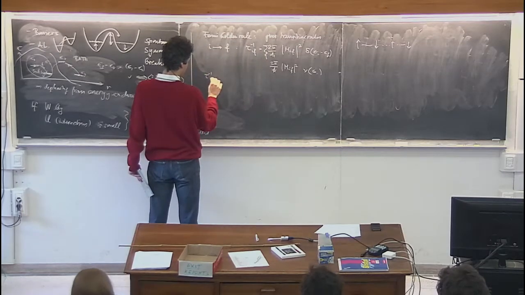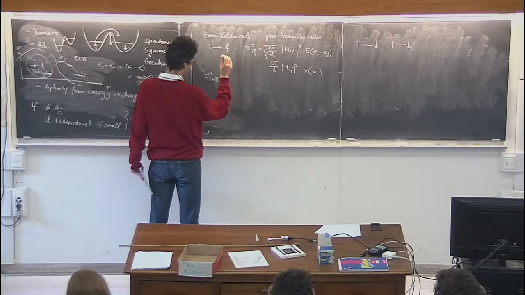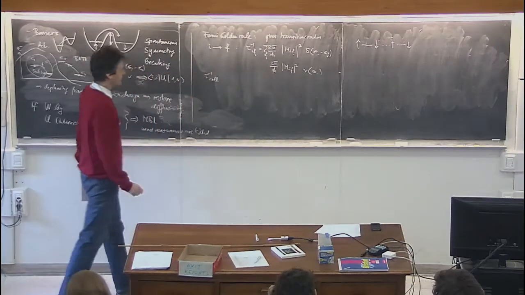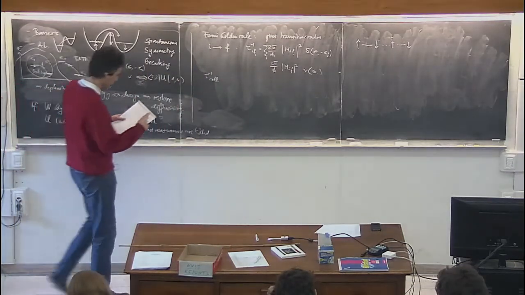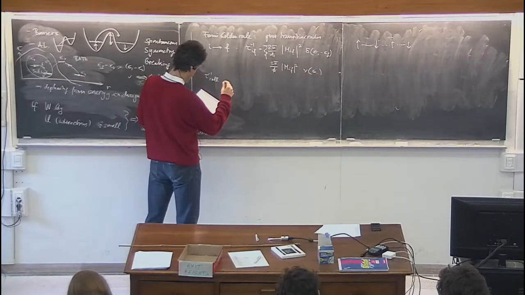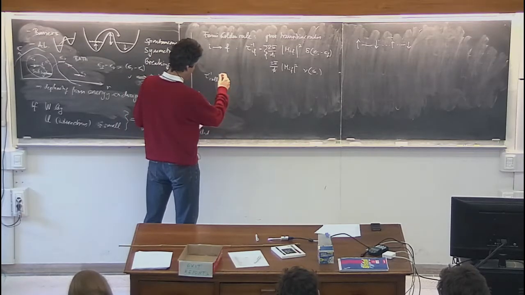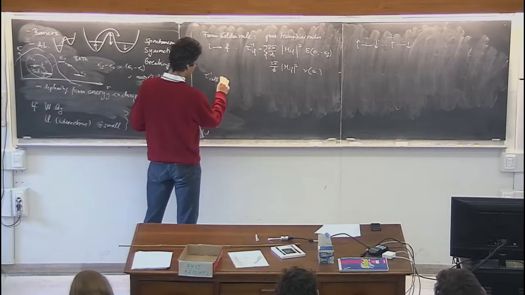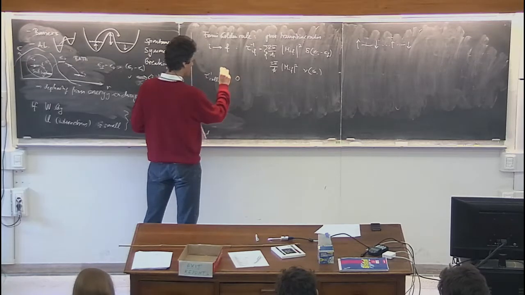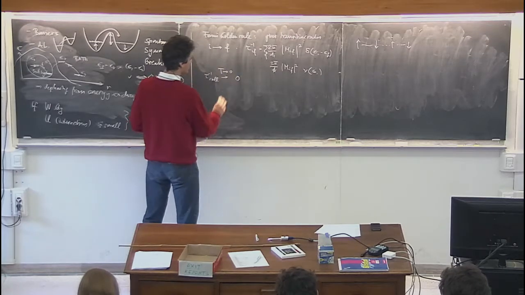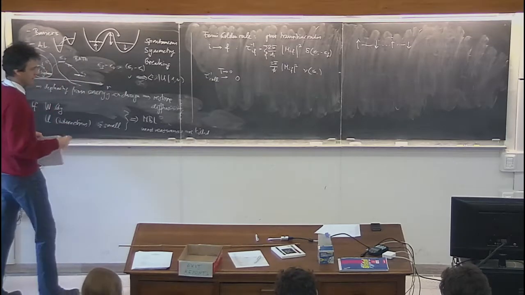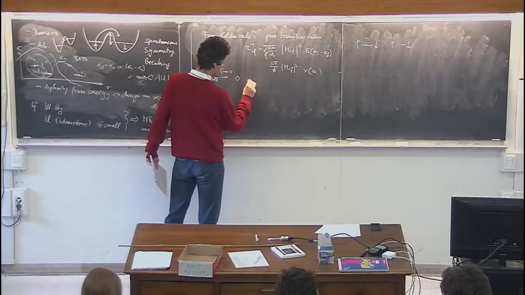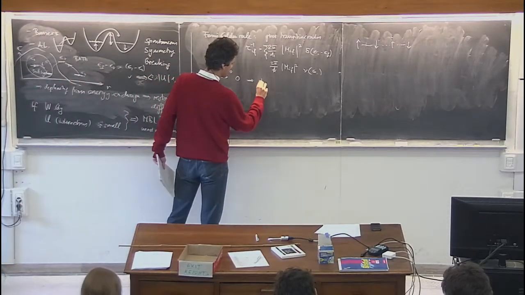So there's a collision time or a decay rate, and in a standard system, this goes to 0, but only when temperature goes to 0, and that's the condition that you need to have a standard insulator.